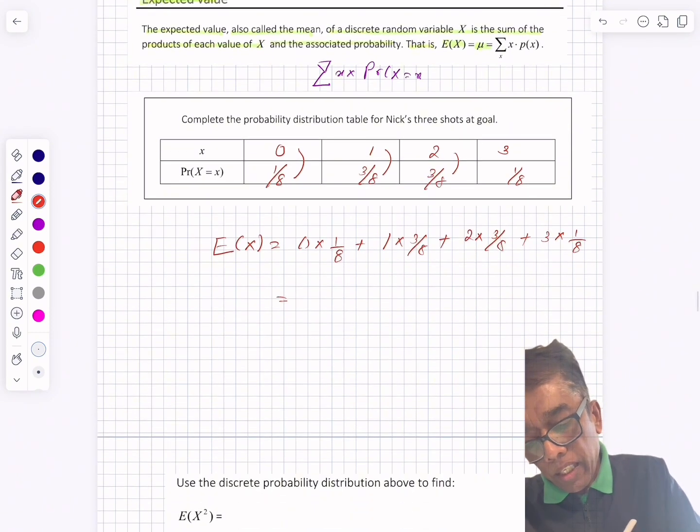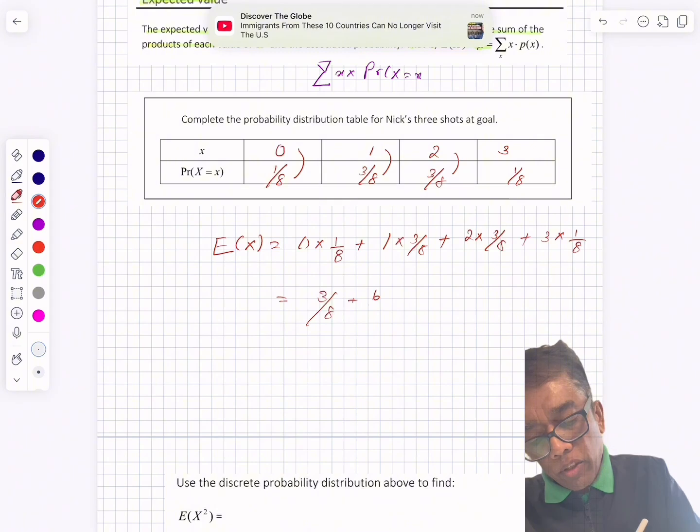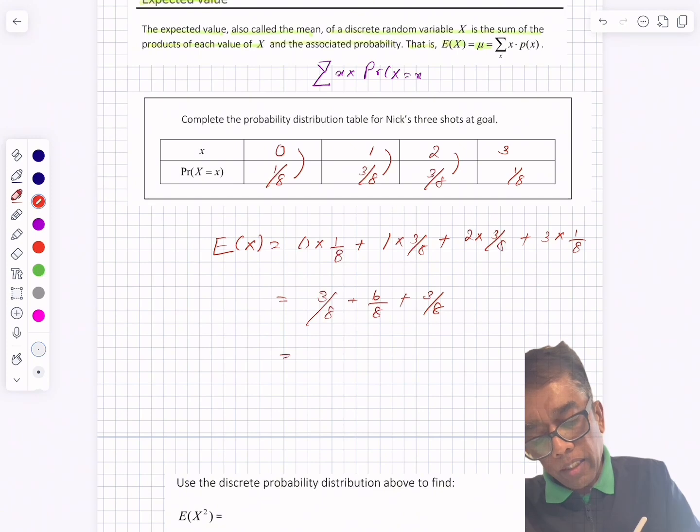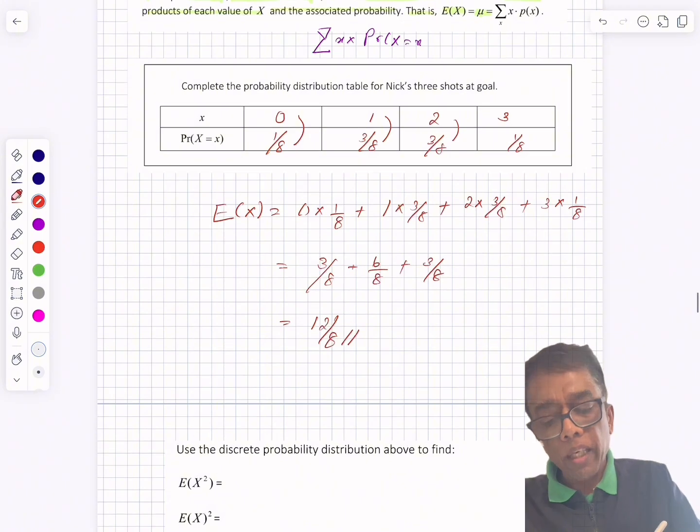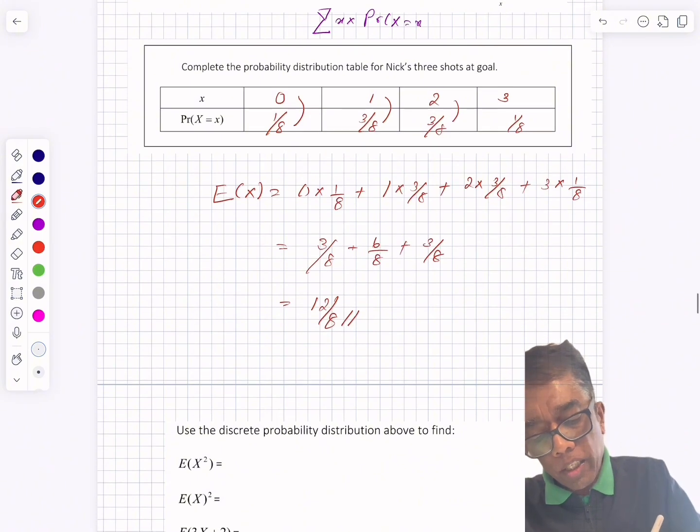It is 3 over 8 plus 6 over 8 plus 3 over 8, which is 12 over 8. The expected value, or the mean of the distribution, is 12 over 8, or 3 over 2.